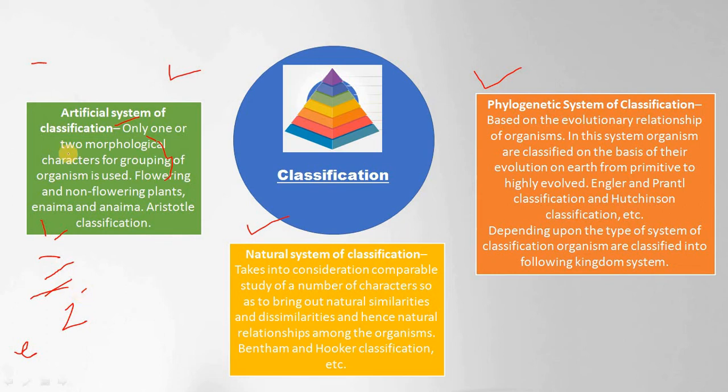Then, coming to the natural system of classification, it is a system which takes into consideration a comparative study of a number of characters so as to bring out the natural similarities and natural dissimilarities and hence natural relationship among the organisms. The system employs those characters which are relatively constant.